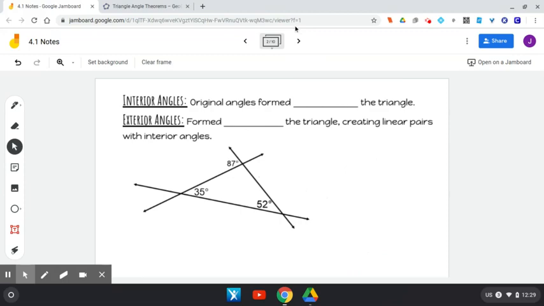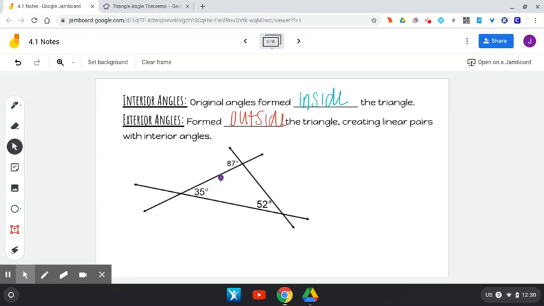So in a triangle, we have three angles that are inside, and we call those interior angles. We also have quite a few angles that are called exterior angles, which are outside the triangle. So in the image below, we have three inside angles.